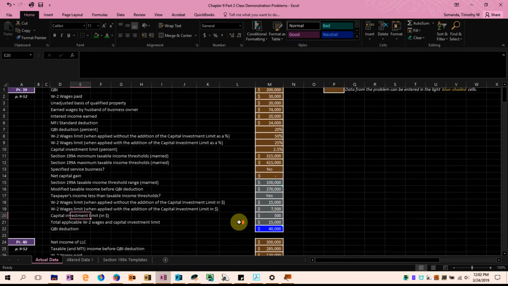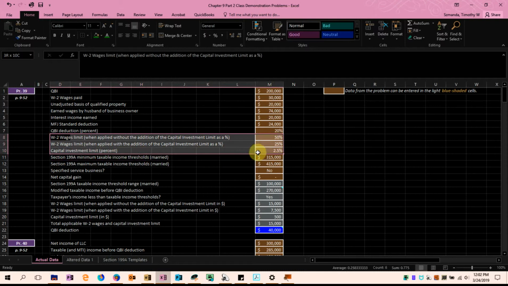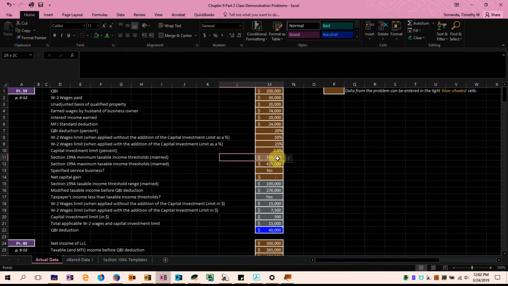These limitations are against the 20% total deduction for the qualified business income. And again, these limitations start to kick in when the taxpayer's taxable income before QBI begins to exceed $315,000 for a married filing joint.